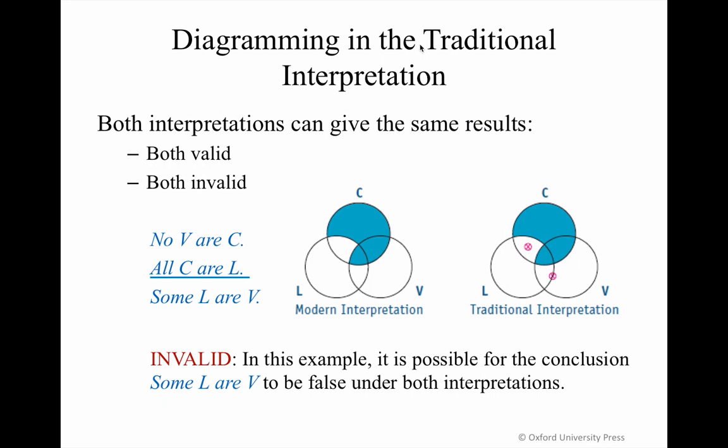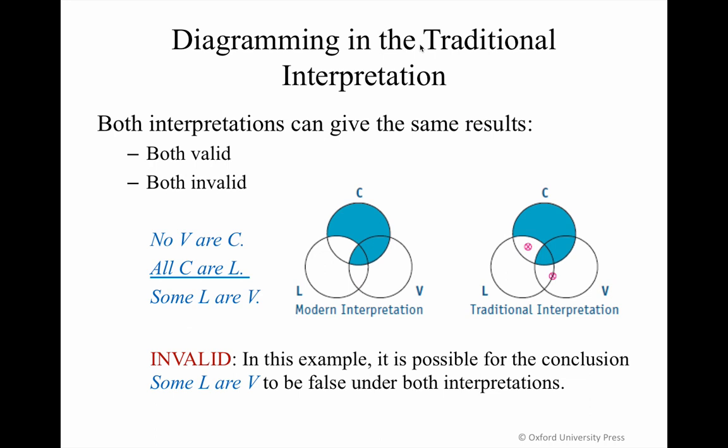Then we see all C are L, assumes a member of C exists, and there is an X in the LC overlap area because we've assumed a member of C exists. Nevertheless, the conclusion, some L are V, does not appear.